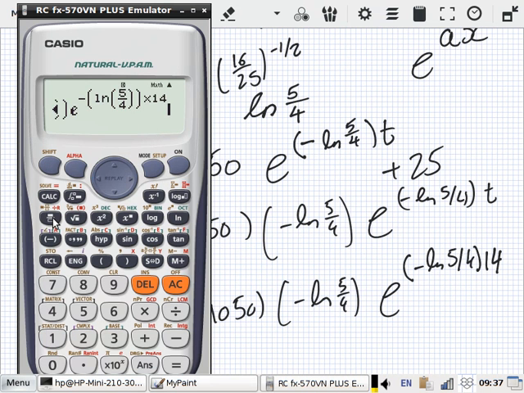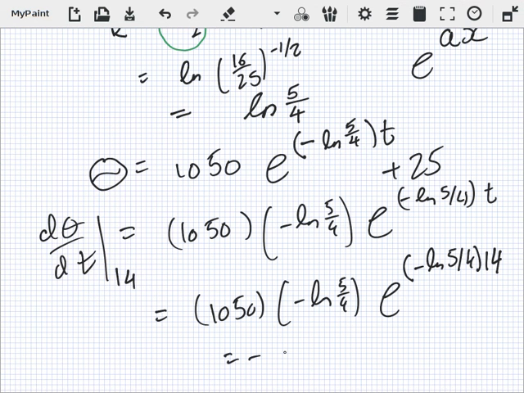Right, let's see what I get. I get minus 10. Does it say anything about decimal points? No. So minus 10.3 degrees per, are we using hours or minutes? I forget. Hours, isn't it? Yeah. Per hour.